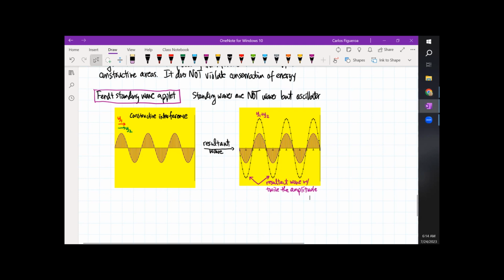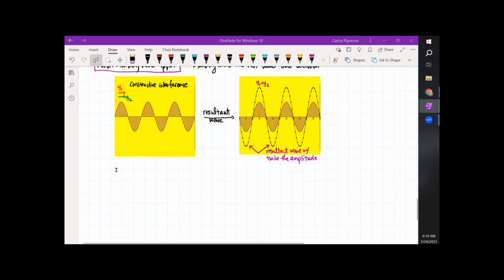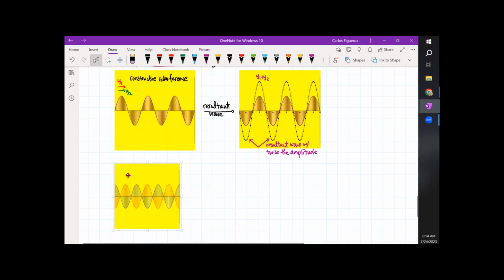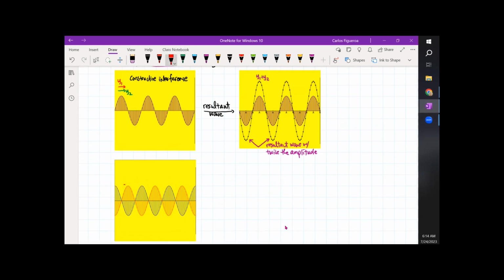But at the same time, I can also have destructive waves. So if I look at this situation, this tells me that I have two waves. I have a wave traveling in this direction, and now I have a second wave that's traveling in the opposite direction. And so you're getting this interference where I now have destructive interference.